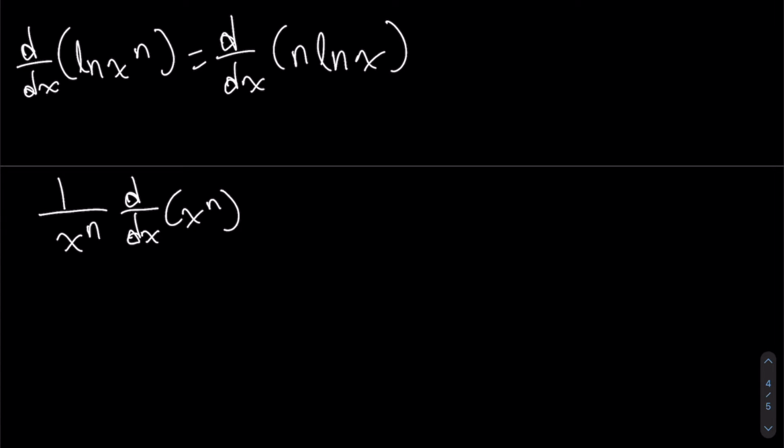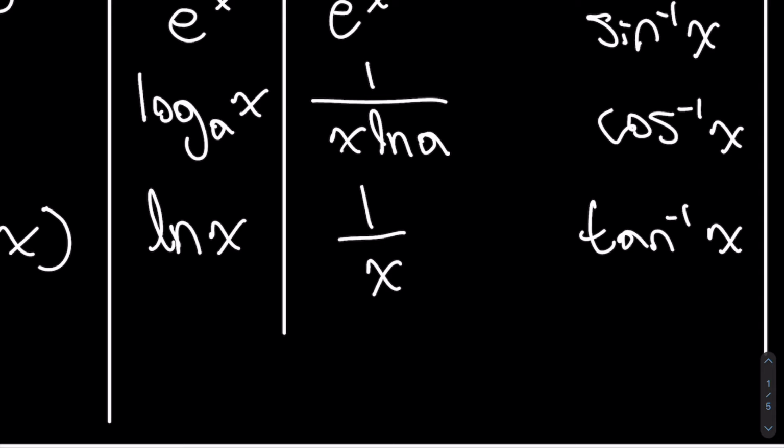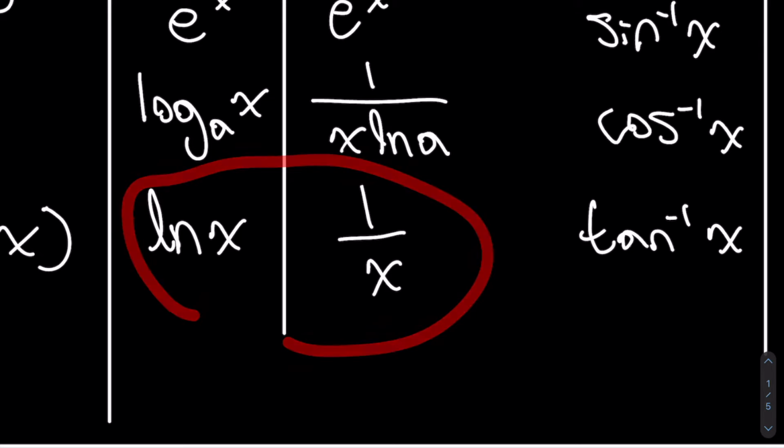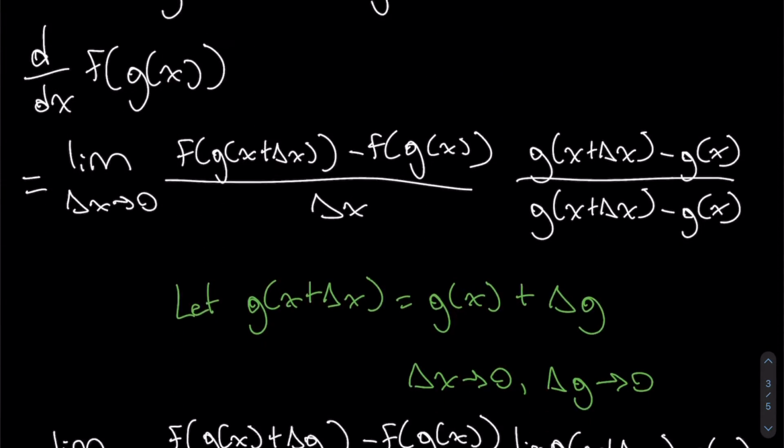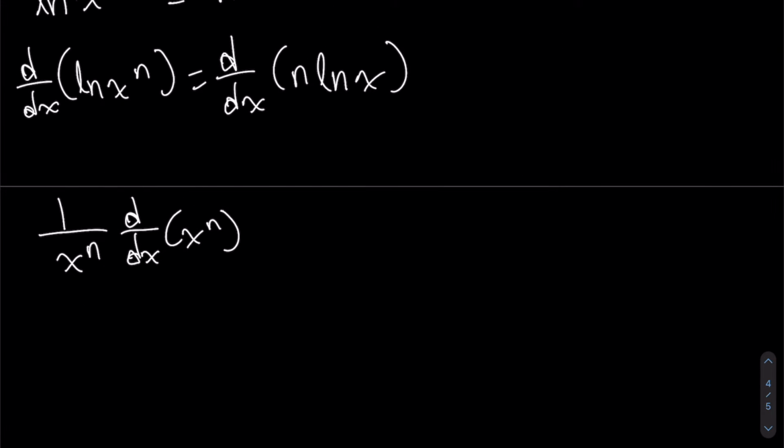And I know I haven't proved the derivative of ln yet. I will do that, so don't worry, we will prove that. But for now, just take it as it is. If you want me to show it again, derivative of ln x is 1 over x. There it is. So I do 1 over x to the n, and then multiply that by the derivative of x to the n, because that's the chain rule.